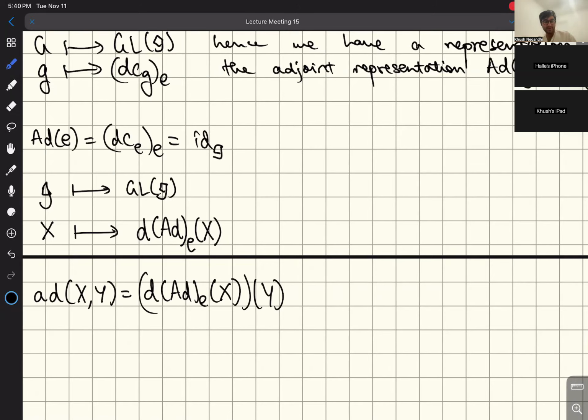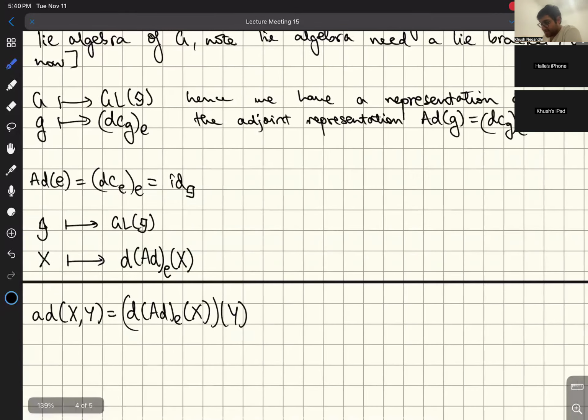Actually, let me make sure that this is actually the definition of the coadjoint representation. Yeah, no, this is not the definition of the coadjoint. I knew I was calling it the wrong thing. Okay, so I guess this is called the adjoint representation of the Lie group.